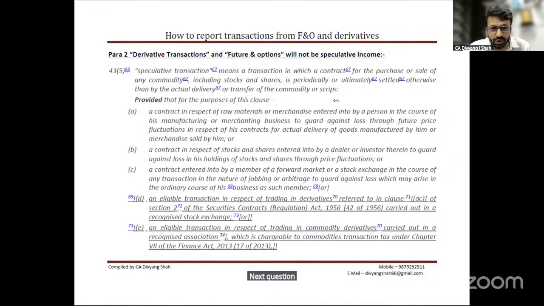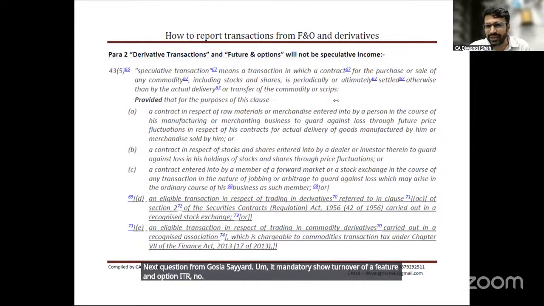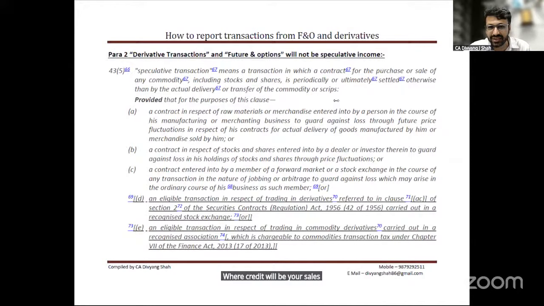Next question from Gosia Sayed: is it mandatory to show turnover of futures and options in ITR? No. Nowhere do you need to mention turnover. You need to show the financial statement wherein credit and debit will be there, where credit will be your sales or receipts, something like that. Or we can show only loss and expense and carry forward our loss.